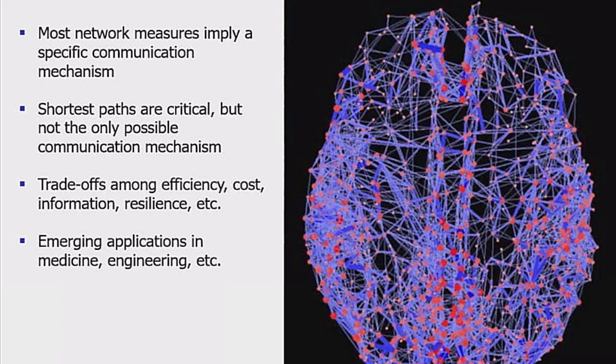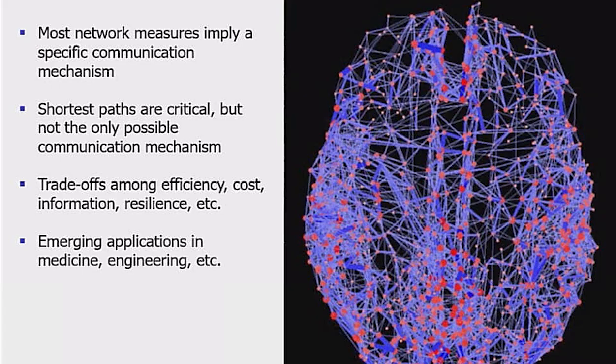Shortest paths are a critical feature of brain networks, certainly, but they are not the only possible communication mechanism. You can also conceive of communication broadly as either a diffusion-like process or a navigation-like process.